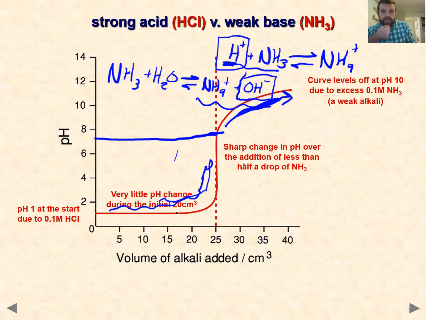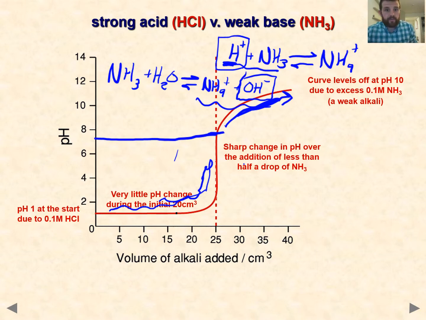So this area represents this area of the graph down here, where we have an excess of H+ and we're adding in NH3, and it's turning into NH4+. So we're absorbing some of these H+ ions, and then as we hit this area here, we no longer have that. So what's happening is we've neutralized, we hit pH 7. I know it's not exactly 7, but it was as close as I could get.